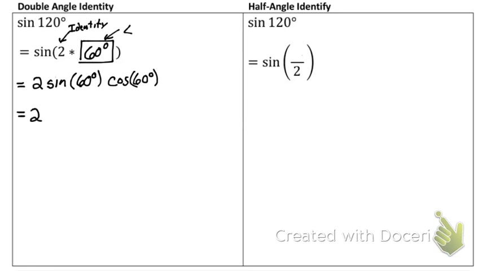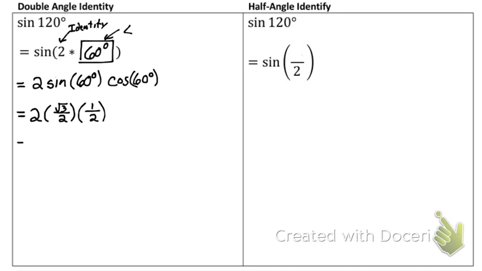So we have 2 times the sine of 60 degrees. 60 degrees is our third tick mark. That is going to be square root of 3 over 2. The cosine of 60 degrees is going to be 1/2. If you want to simplify this, we could do this multiplication first.